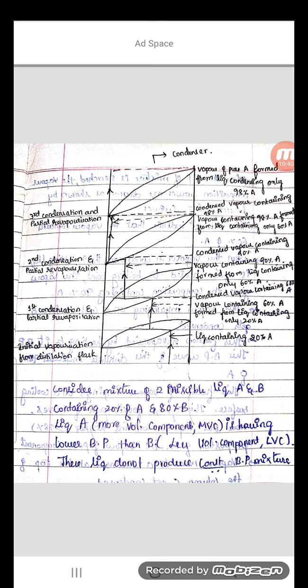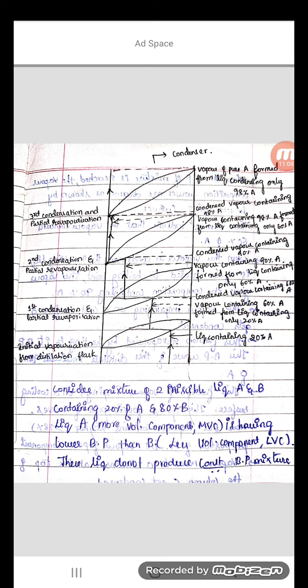The liquid will first condense, then again go to vaporization. Vapor containing 60% of A is formed from liquid containing 20% A. So in the first condensation, from the liquid of 20% A, 60% vapors are formed.